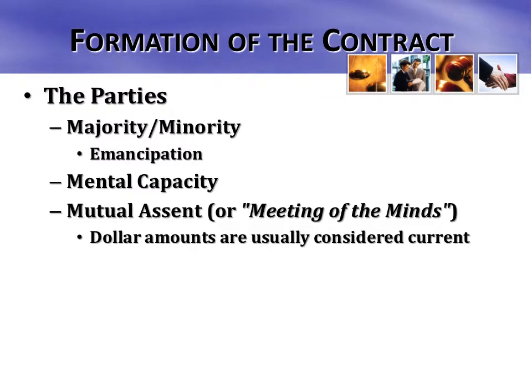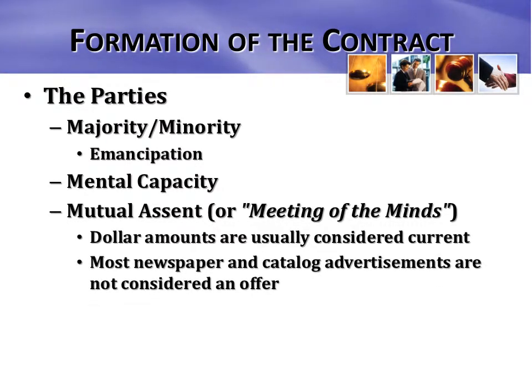You can't say, oh, inflation rate, now it's $20.10, $20.15. When the offer is made that it's $20, that offer is considered current through the period of the contractual offer.